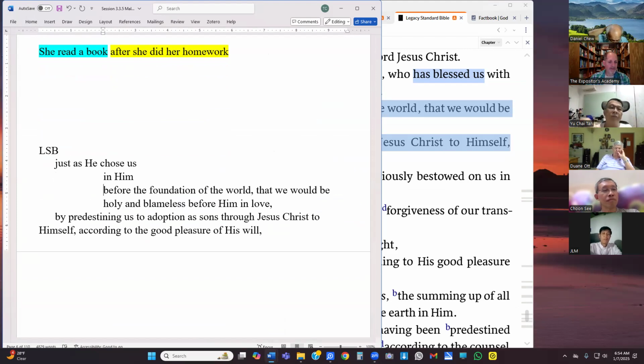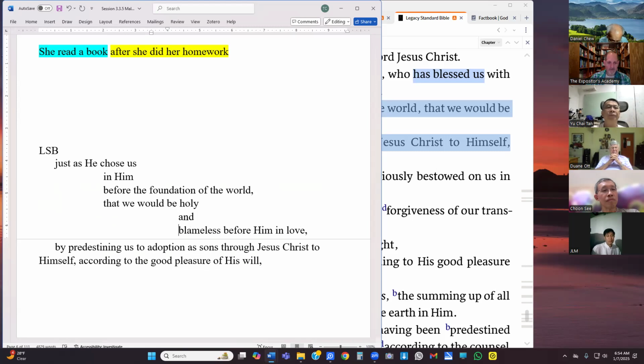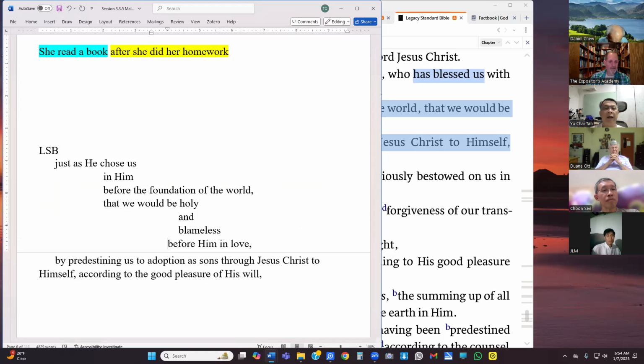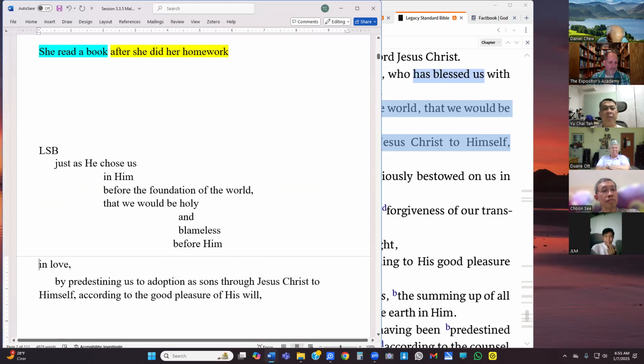When? Before the foundation of the world. Why, or result? That we would be holy and blameless. Where would we be holy and blameless? Before him. And then in love, there's a question of where that goes. I think it goes with predestining, so I would put it back here.